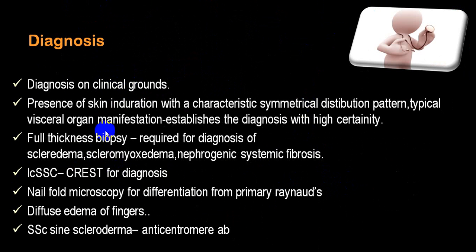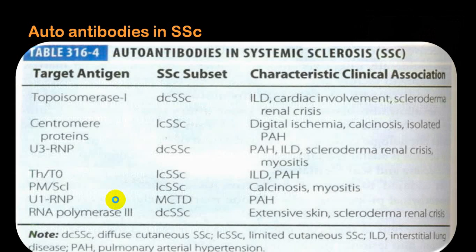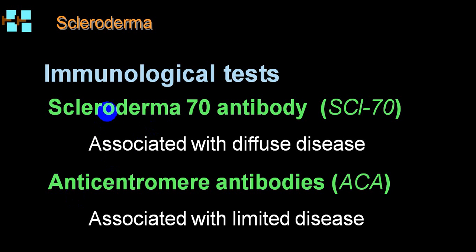By and large, the clinical picture is more important, and then come the antibody titers. So these are different antibodies being utilized. Scleroderma 70 antibody will be in diffuse, and anti-centromere antibody will be positive in the limited variety.